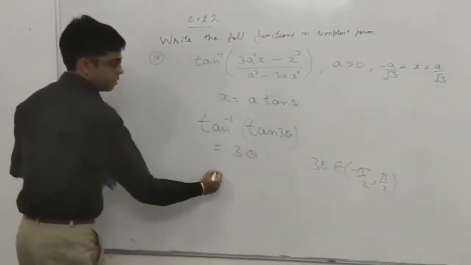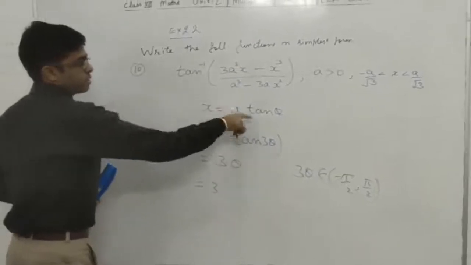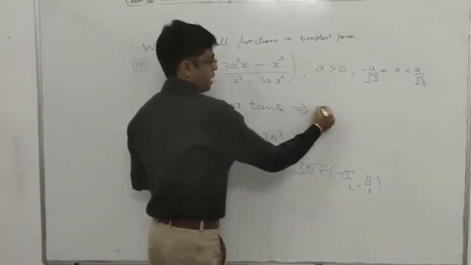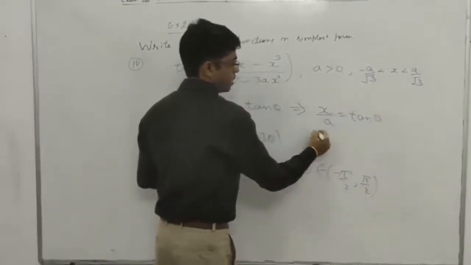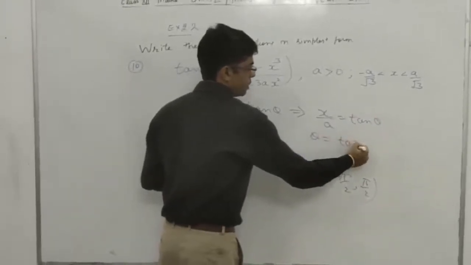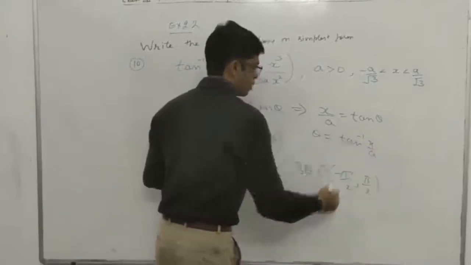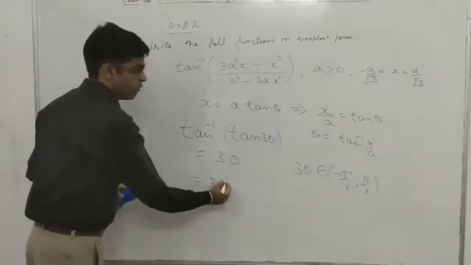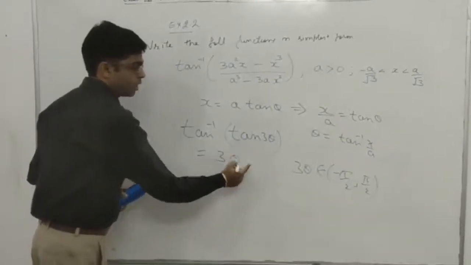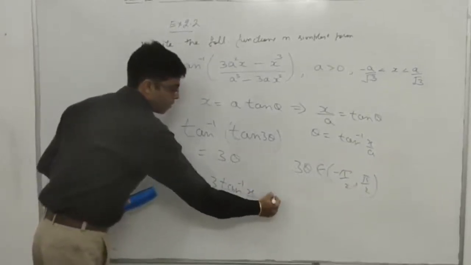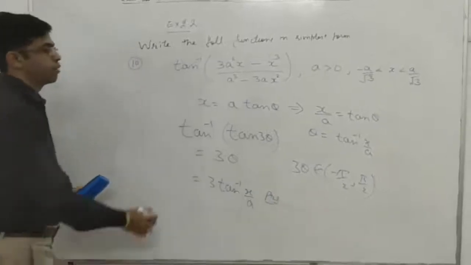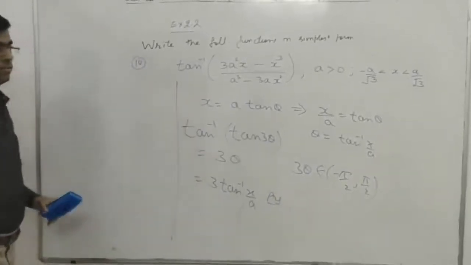And the value of θ is from this: x upon a is tan θ, so our θ is tan inverse x upon a. So here we can write the value of θ is tan inverse x upon a, which is the answer. Now we have to check the validation.